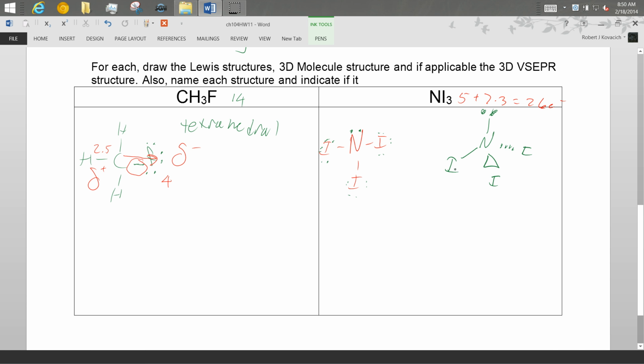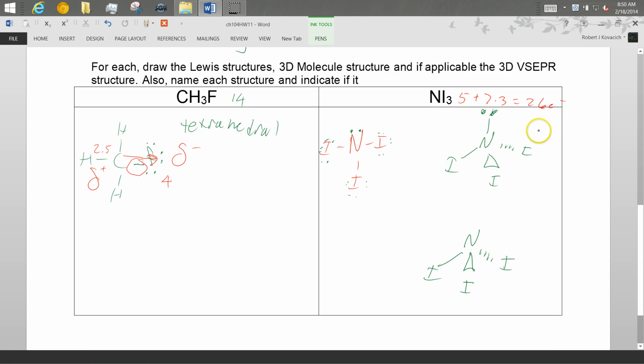So it's got a tetrahedral shape, right? What's its molecular shape? So tetrahedral, and I cover up that lone pair of electrons, and what do I have left? It's a triangle. Are we okay with that? But it's pyramidal. It's not flat.